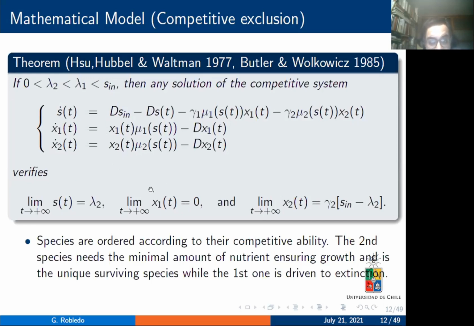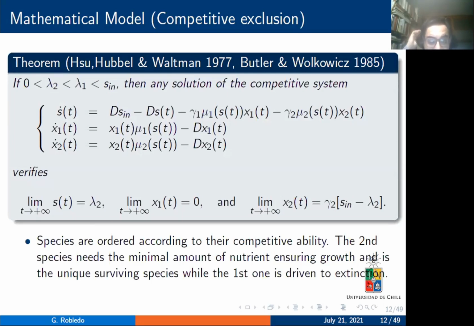The first species in competition will be driven to extinction, and the second species in competition is convergent to this positive constant. You can see that the species related to the lower break-even concentration will be the unique survivor in this competition for a nutrient.